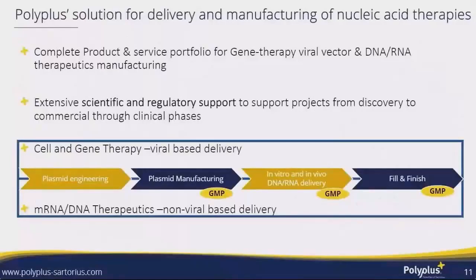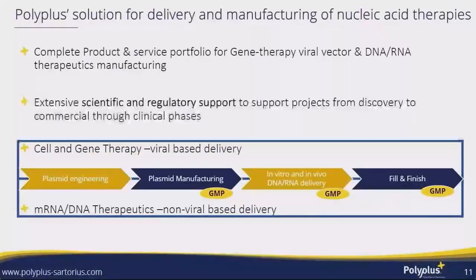So as I was saying, we started as a pure player in transfection, but nowadays we are more of a solution provider, especially within the upstream space of cell and gene therapy. Hence, we expanded our portfolio over the years up to the point that we were bought by Sartorius to have a really complete portfolio of products and services to answer our customer needs.